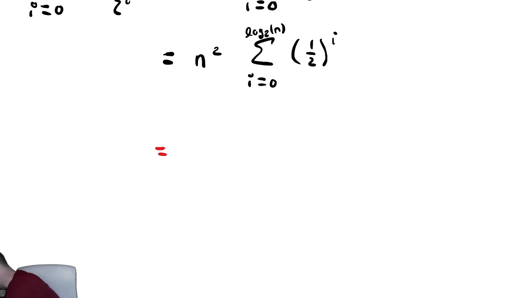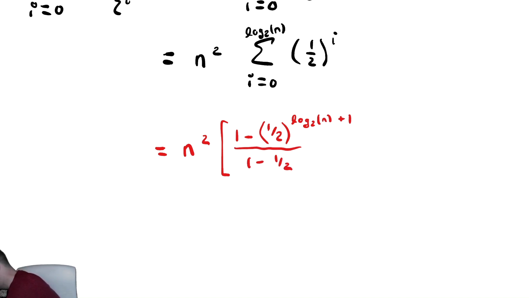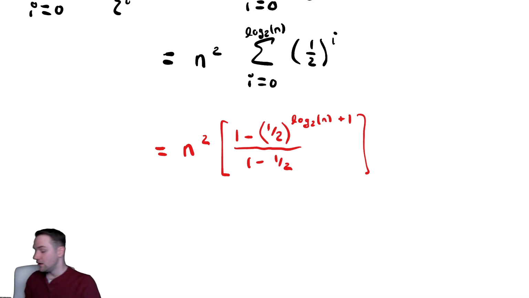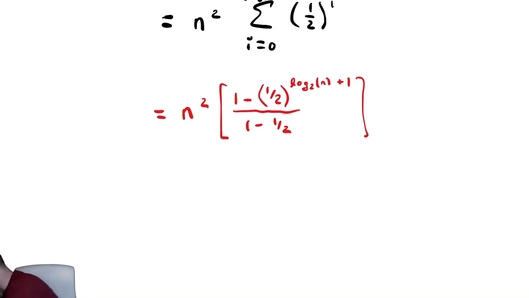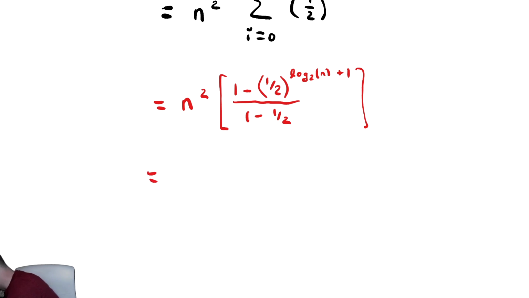This is equal to, using that formula now, n squared times (1 minus (1/2) to the top bound, log base 2 of n plus 1) divided by (1 minus 1/2). Now we have an algebra problem to try to simplify this. 1 minus 1/2 in the denominator is not so bad, and we can also do some arithmetic in the numerator.